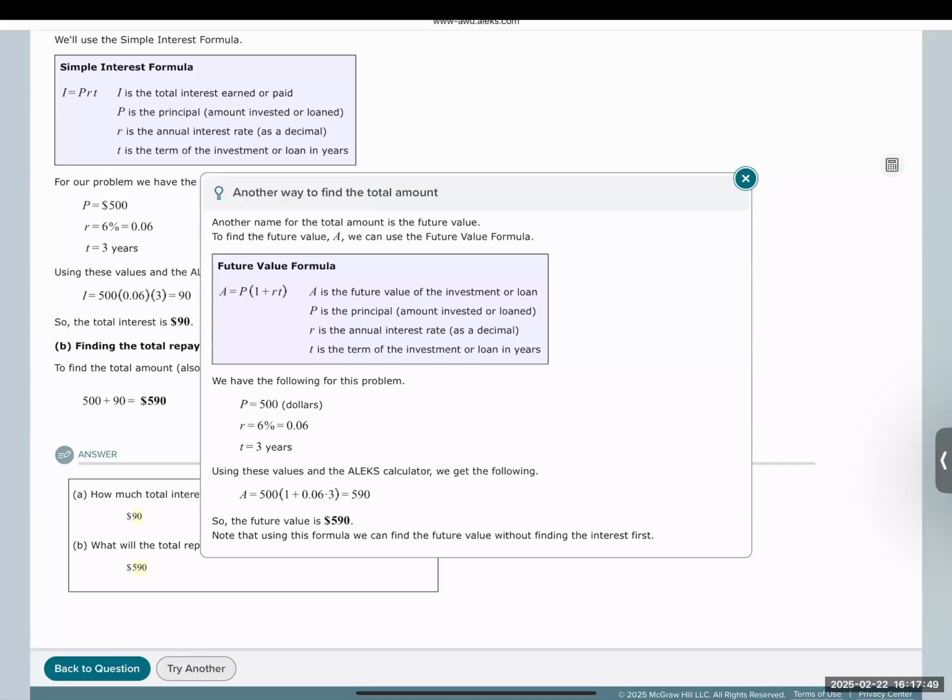Okay. So here is another way and another formula that you could use to solve this simple interest problem. So I'll give you a moment, pause the video and write this one down as well. And now that you're back.